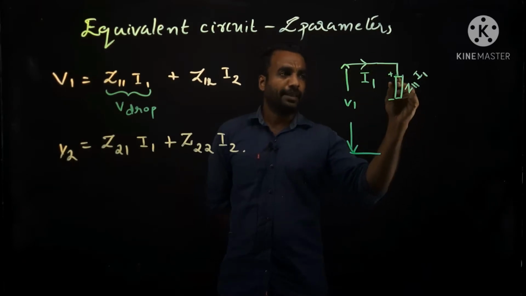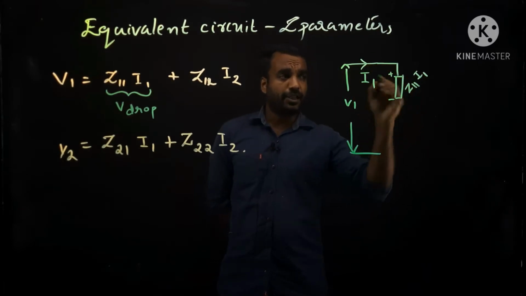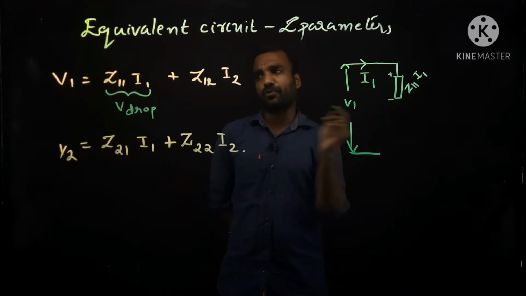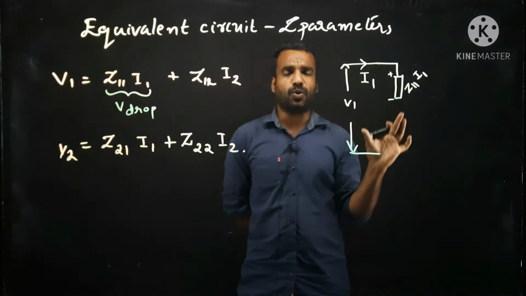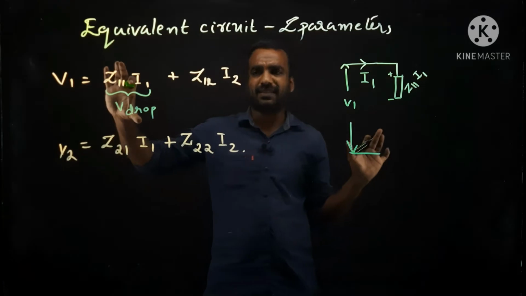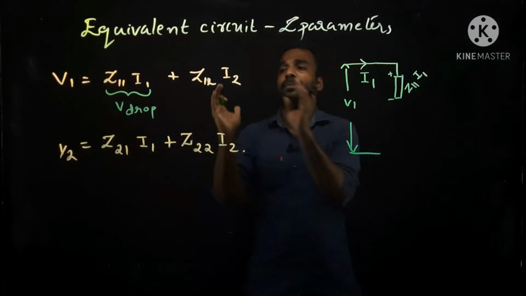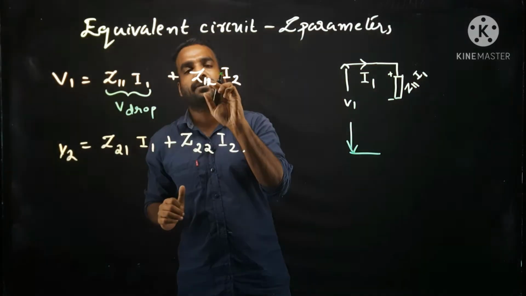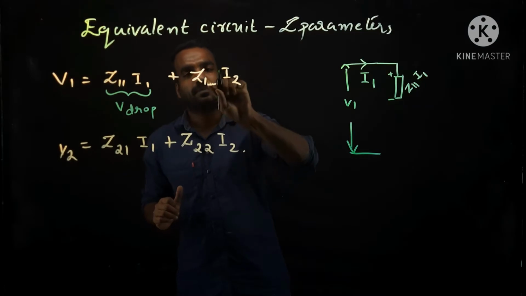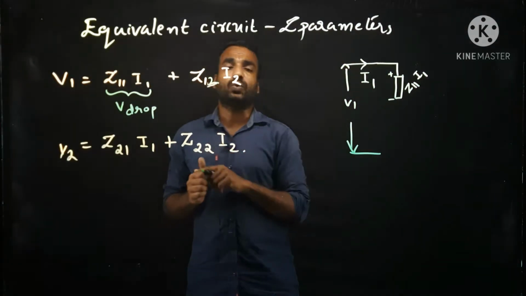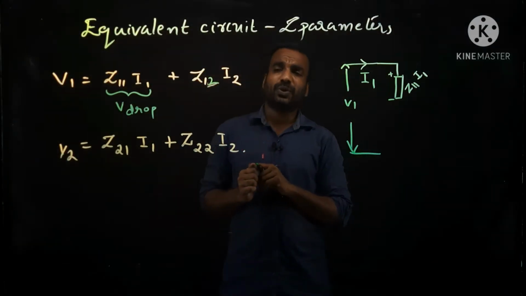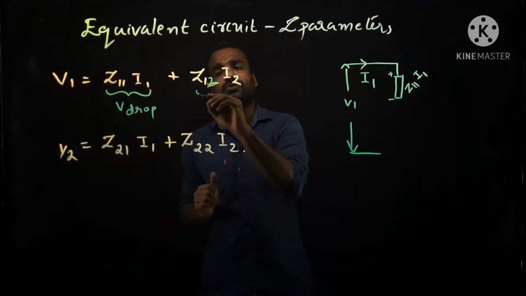It is an impedance, and current into that impedance will create a voltage drop. So this component of voltage is accounted. There is one more component of voltage, that is Z12 I2.